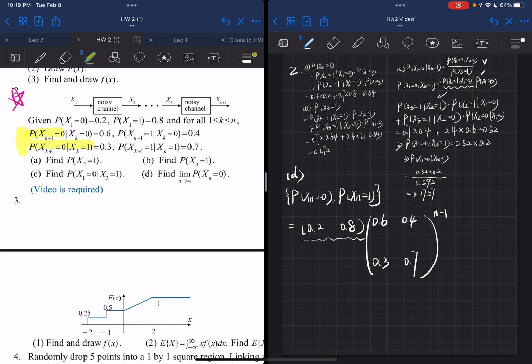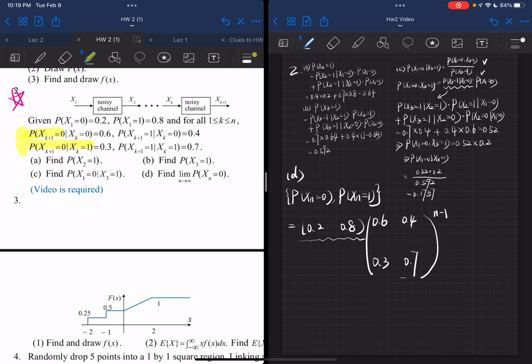We can verify that for n equals 1, the probability of x1 equals 0 is 0.2, as denoted in the problem.